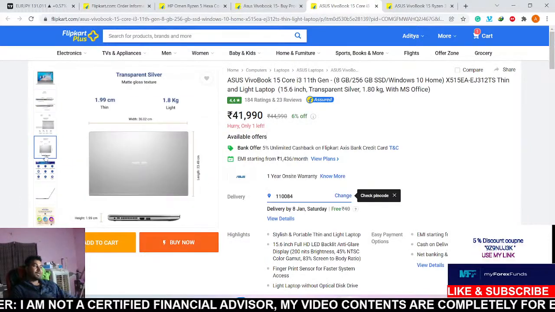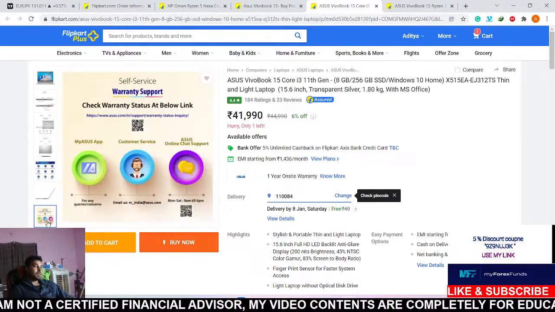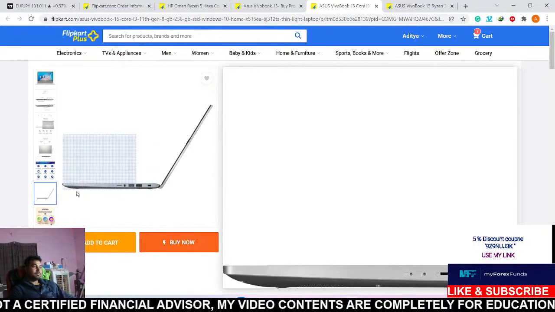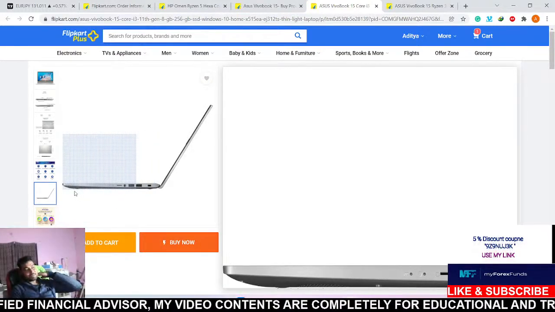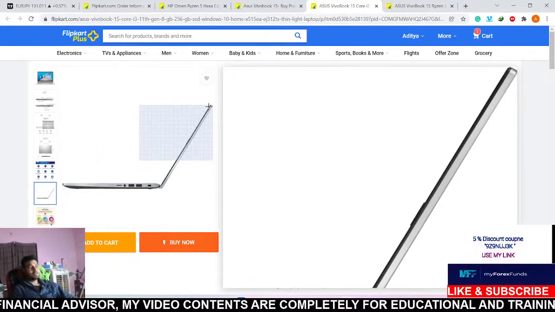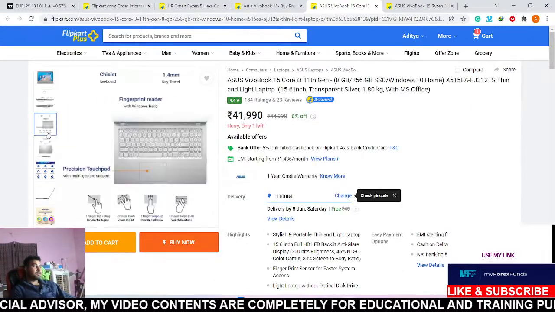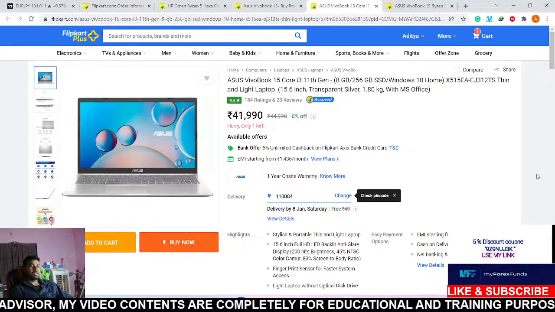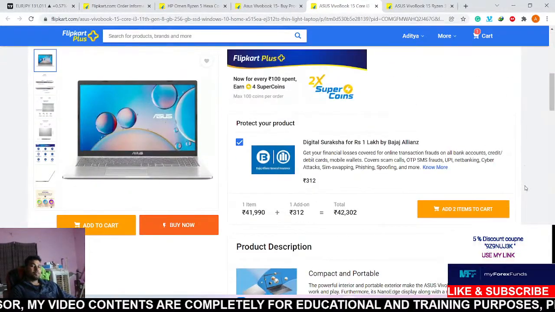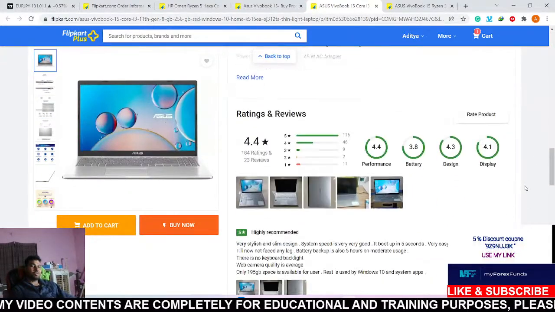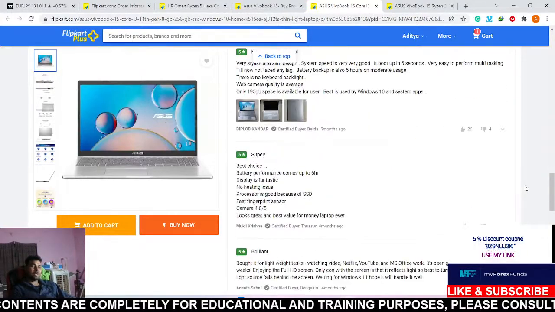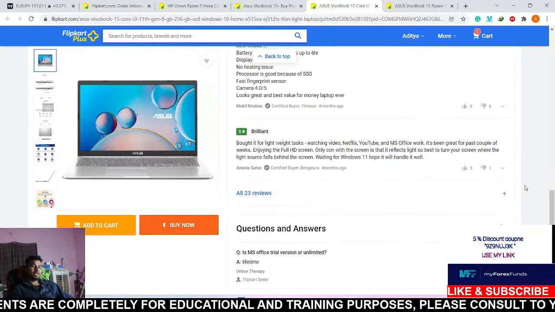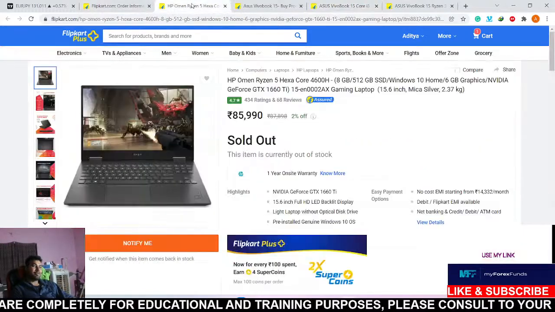I'm also planning to buy a tablet, because at night it becomes difficult to check the chart on the phone. I have a laptop, but it's a gaming laptop and it's very heavy.